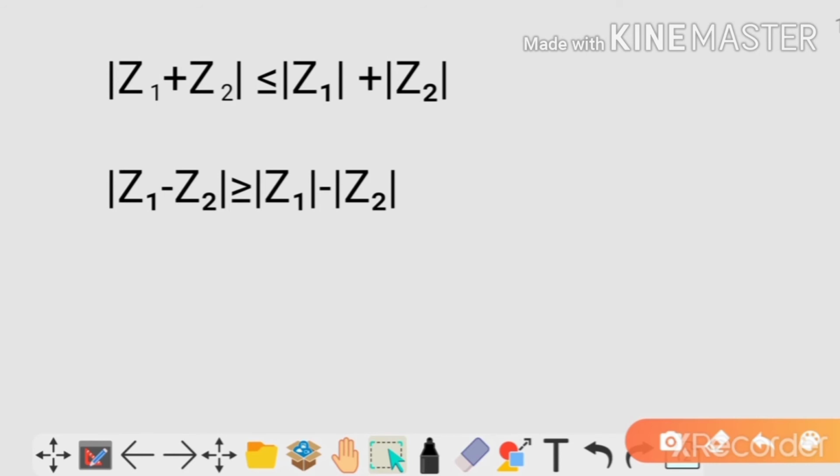Okay, so here are two properties that I think you need to know to solve the questions of complex numbers, but I didn't explain them. If you are interested in the detail of these properties, then please let me know. I will make another video.